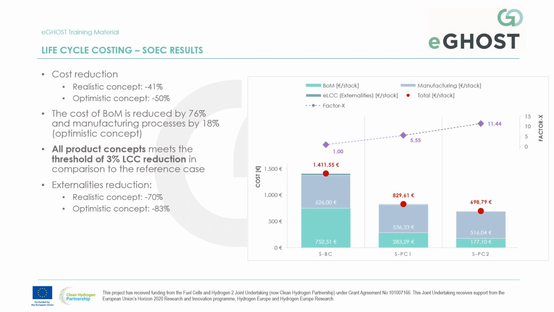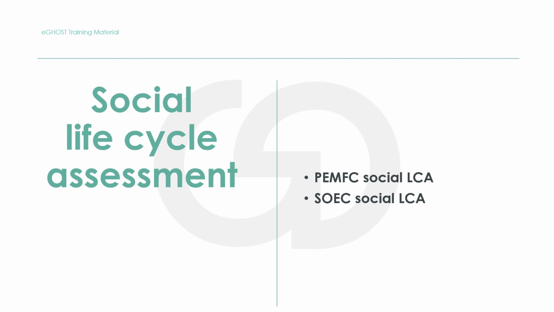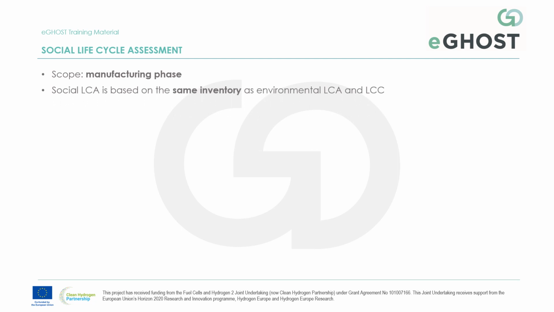And lastly, let's check the social life cycle assessment results. Again, we only did it for the manufacturing phase. It's based on the same inventory as for the environmental and life cycle costing.